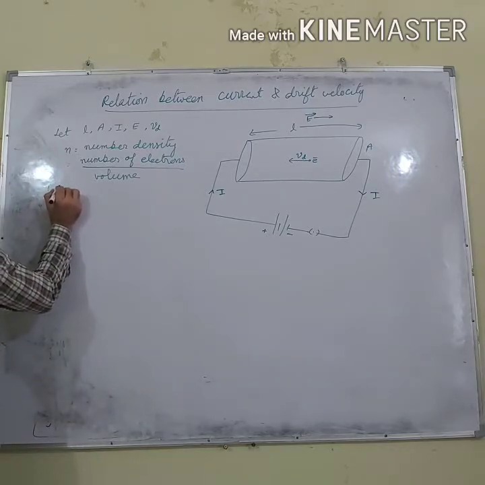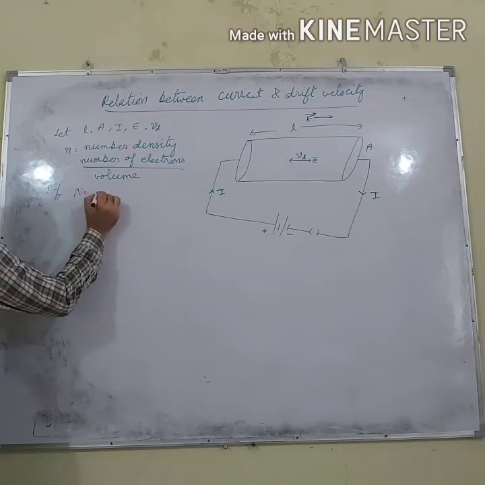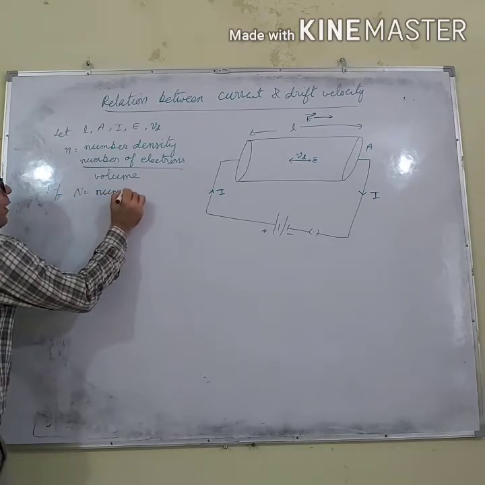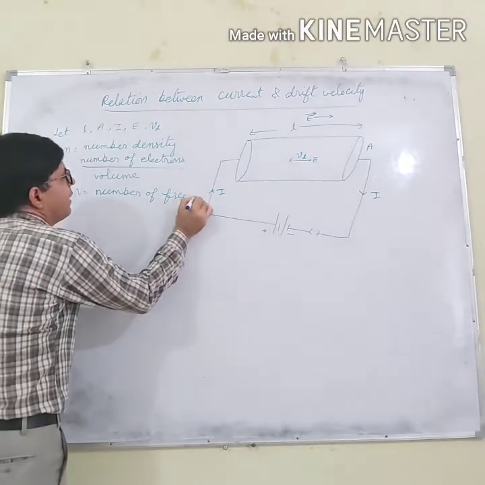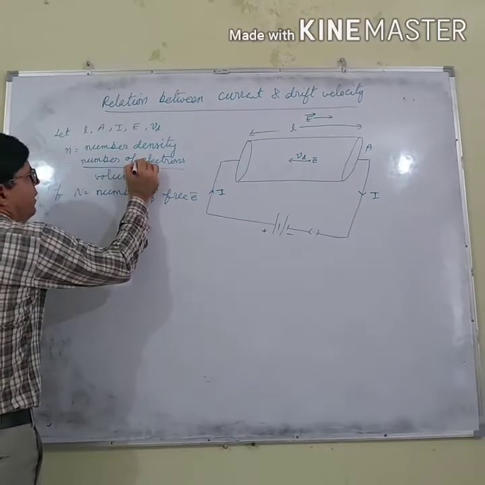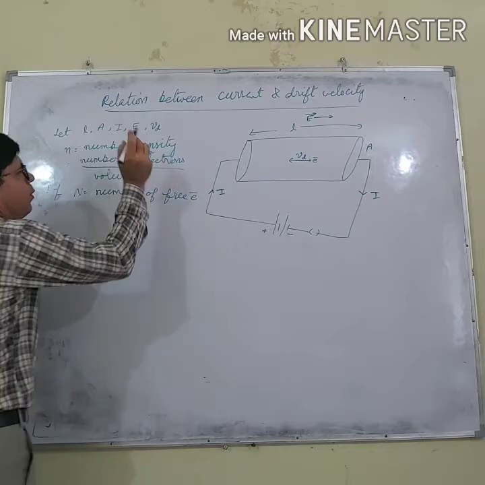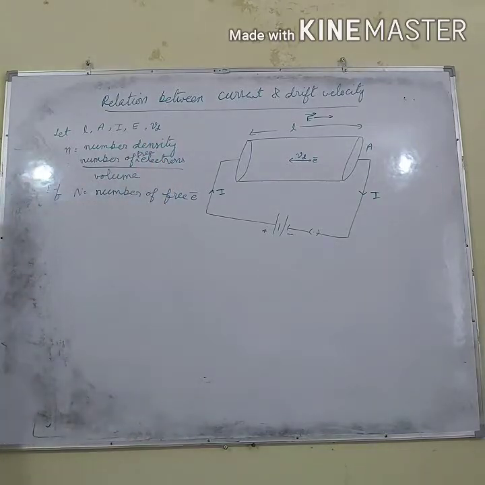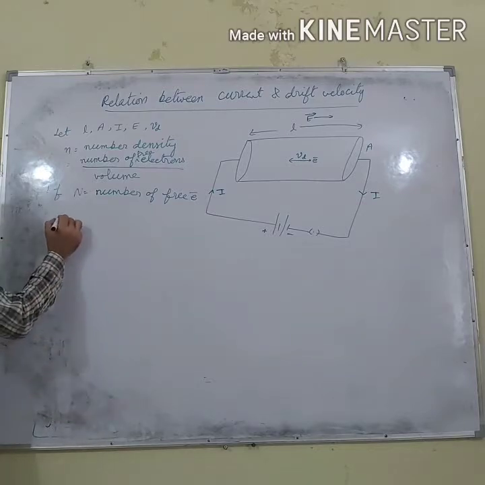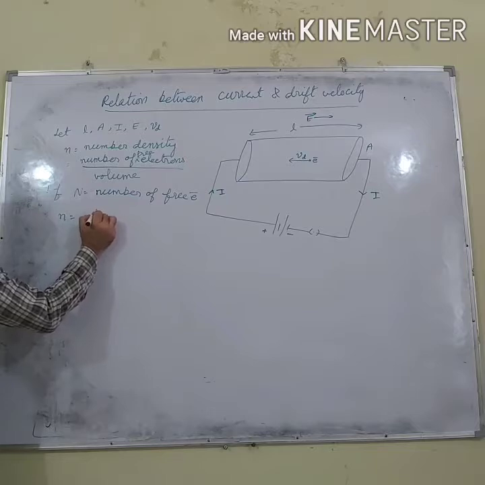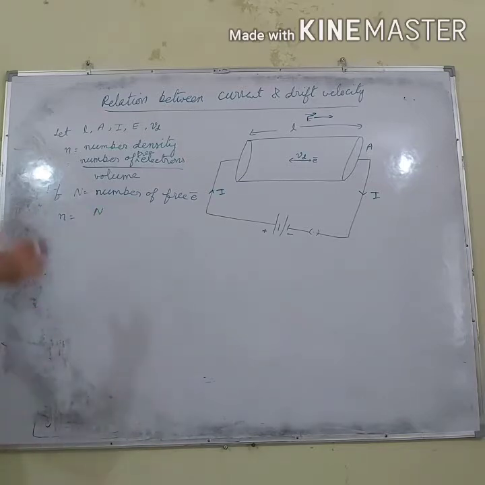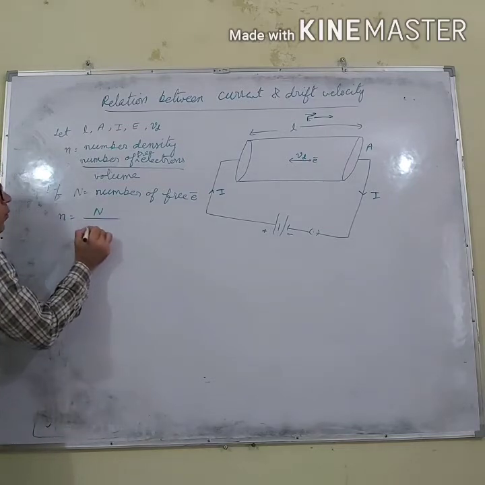If capital N is the number of free electrons, then small n will be equal to the total number of free electrons divided by volume.